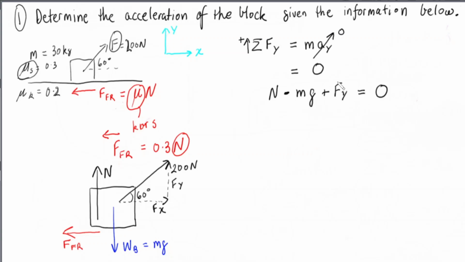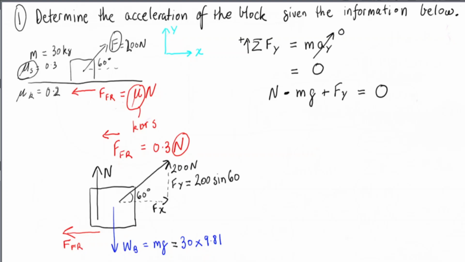We know Fy is just going to be 200 sine 60. We know the weight of the block is 30 kilograms, so I'll put that in. And we know gravity is going to be 9.81. So we know all these values, and then we can go ahead and find N.